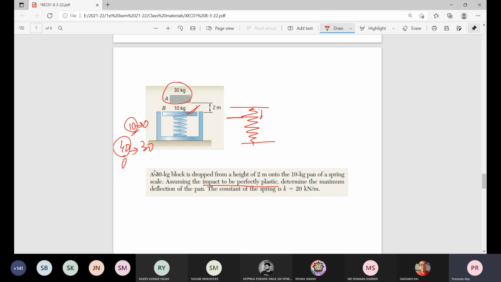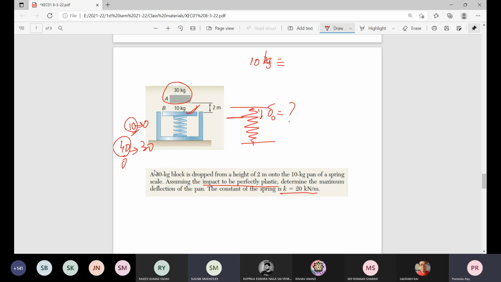Now what about the value of this initial compression? The spring constant is 20 kilonewton per meter. Now what about 10 kg?